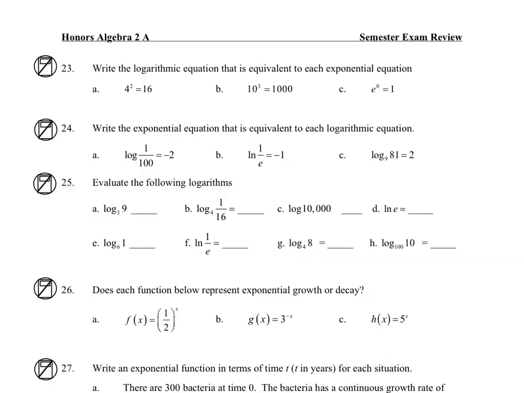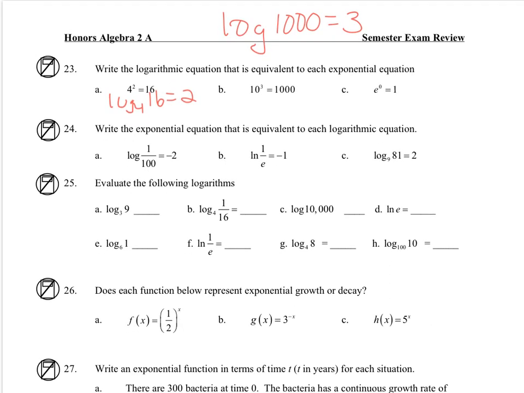All right, change this to a log. So this is going to be log base 4 of 16 equals 2. B is log base 10 of 1,000 equals 3. And for C, that's saying the ln, which is base e, of 1 is 0.